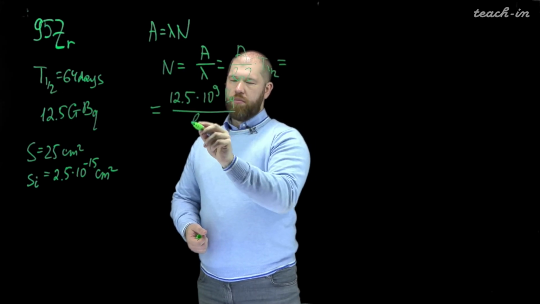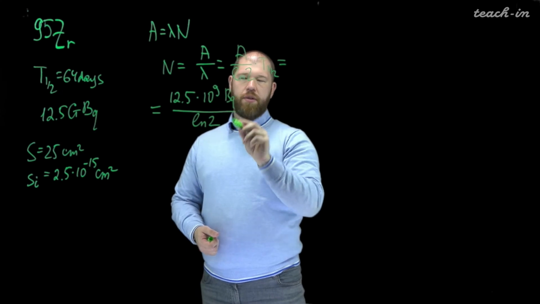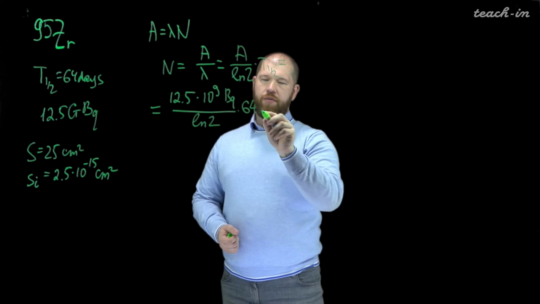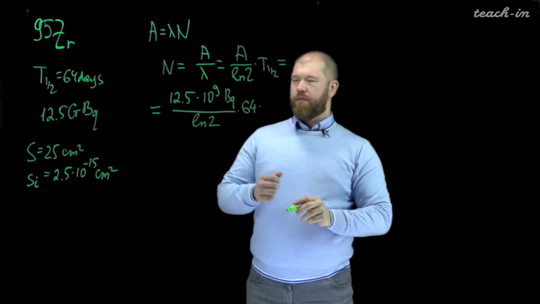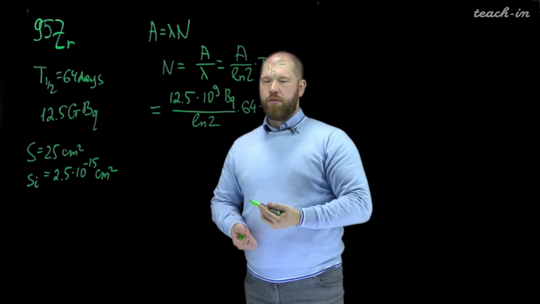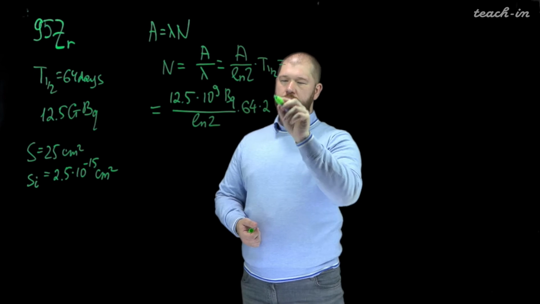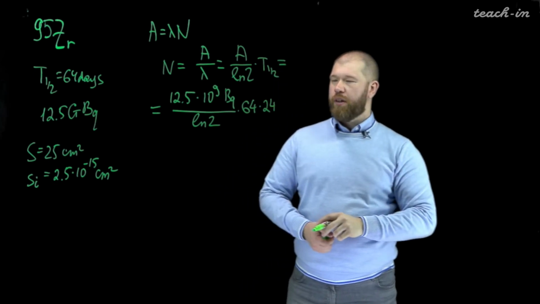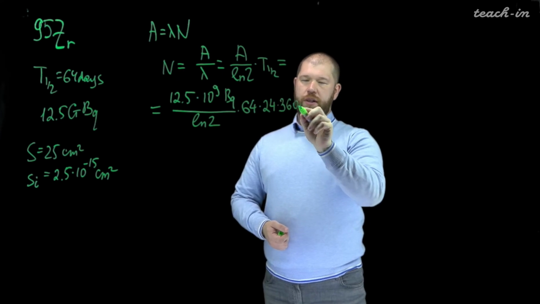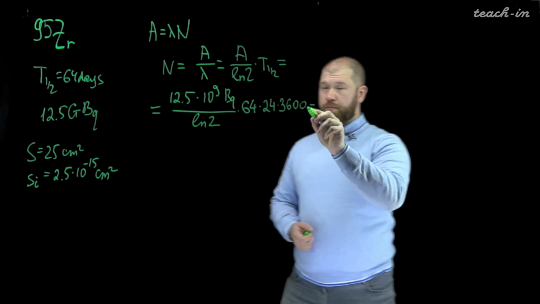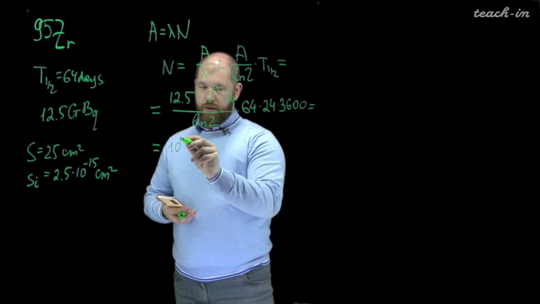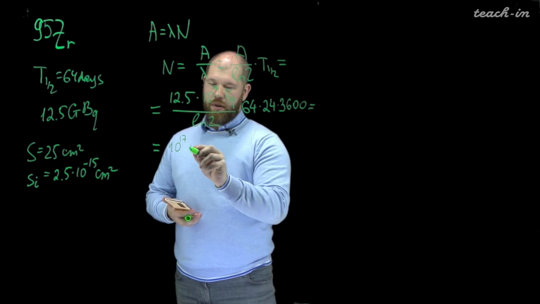We know the logarithm 2, and we multiplied it by the half-life, 64 days. But as far as our activity is given in becquerels, we have to convert days into seconds. So we multiply days by the number of hours and by the number of seconds in 1 hour. And thus 10 to 17 ions, let's say.